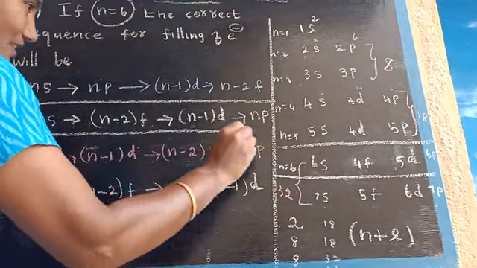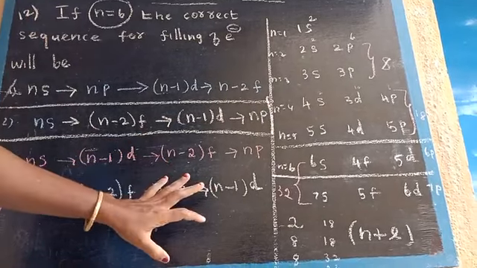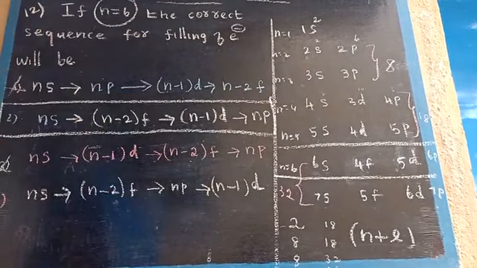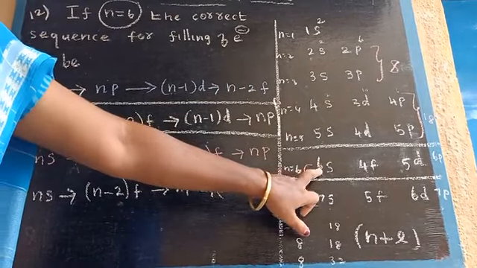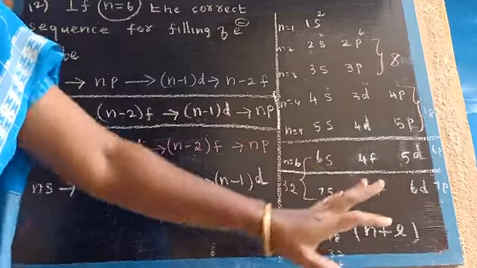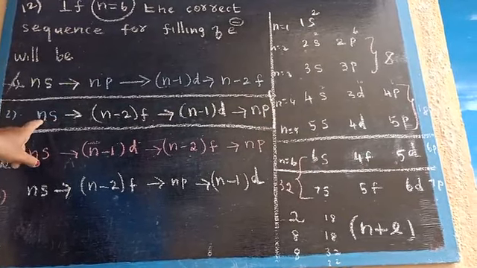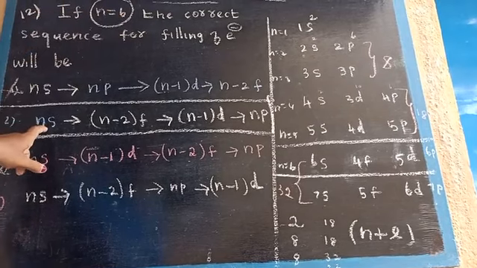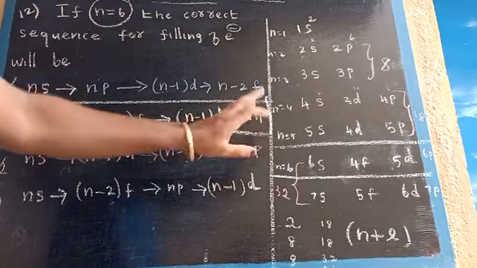Very clear, children? Can you understand this question? I hope you can understand because I studied in the previous class also. So n is equal to 6. This order 6 is 4f, 5d and 6p. Here n is denoted as 6, so 6s, next 4f, 5d and 6p.